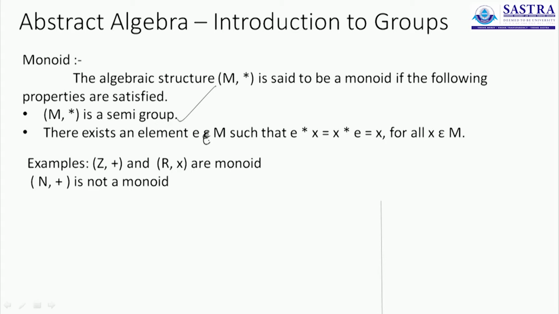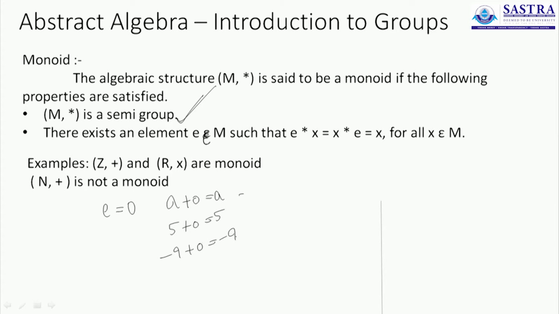I'll explain this with an example. Let's consider Z plus, the set of all integers under addition. We've already seen that it is a semi group, so it satisfies the first condition. Further, we'll also see that it is a monoid because we have a special element called 0 which returns any element added with it. 5 plus 0 is 5, minus 9 plus 0 is minus 9.